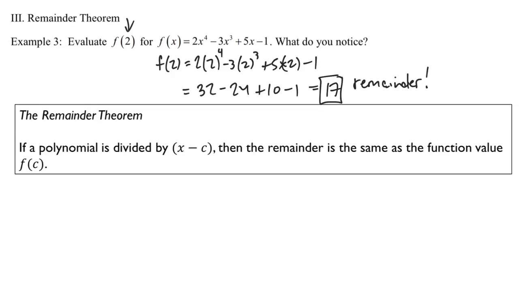And so that's the fastest way to do it right there, by using the remainder theorem. The remainder theorem says that if a polynomial is divided by x minus c, then the remainder is the same as the function value f of c. And so all you have to do is plug in that number that you would synthetic divide by, and the corresponding answer will tell you what the remainder is.